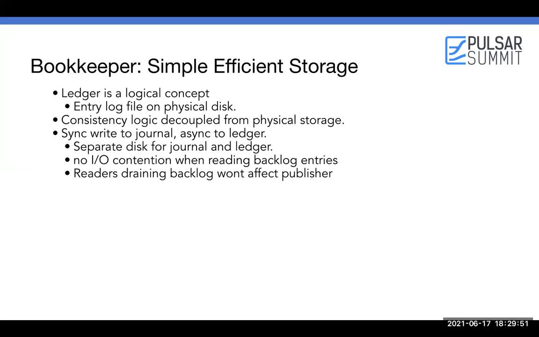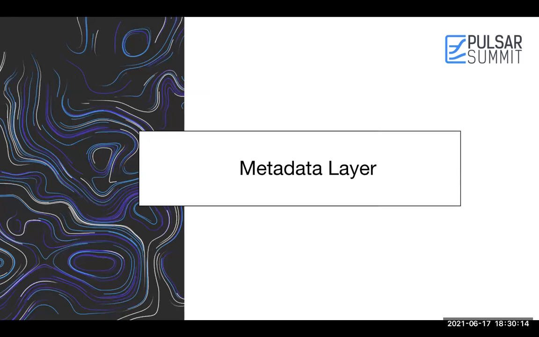When you write to bookkeeper, the synchronous path only writes to the journal, and there's an in-memory write cache. We talked about it. We have separate disks for journal and ledger, so the IO contention doesn't happen. And that means, as we talked about again, that a backlog where you want to read older data doesn't really affect your write throughput.